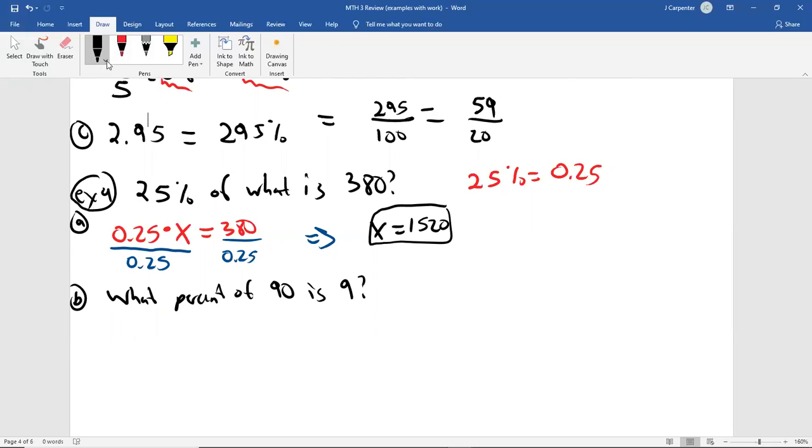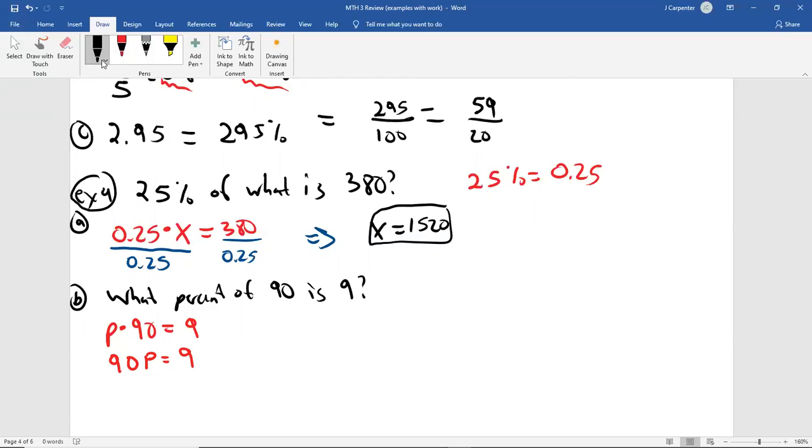So what percent? We're supposed to write a P. Of means we write a times. 90, we write 90. Is, we write equals. 9, we write 9. Most people are going to flip the order of this, so they'll write 90 times P is equal to 9. That's 90 times P equals 9.